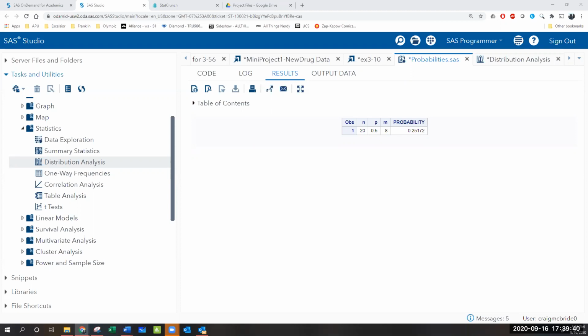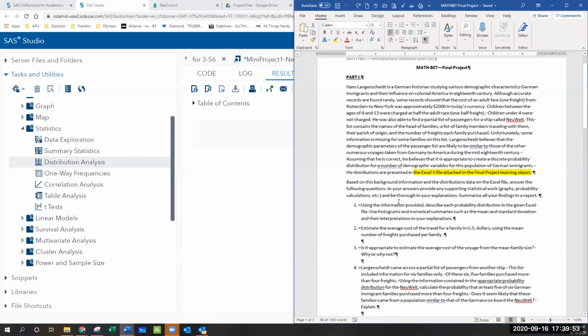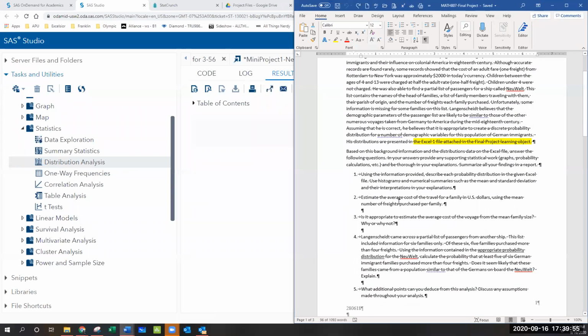This is Salpi. Dr. McBride, if you can go back to the final project. Yes, of course. I just want to make sure I understand what we're supposed to do correctly. For part 1, it seems like we have 3 sets of data in one file, right?